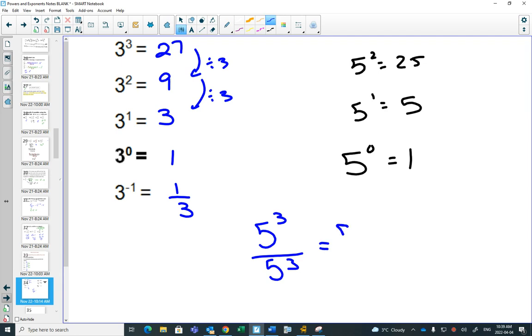So if I subtracted my exponents, I would get 5 to the 0. Can you see that if you had the same number on the top and the same number on the bottom, right? We did this before. 125 divided by 125. 1. Good. There we go.